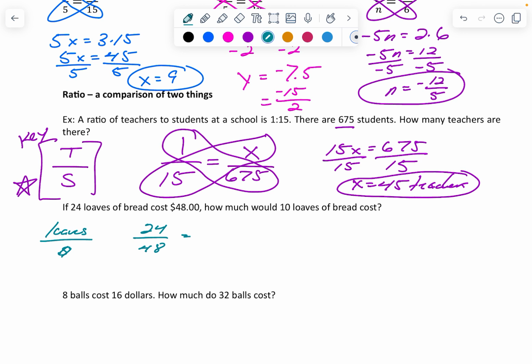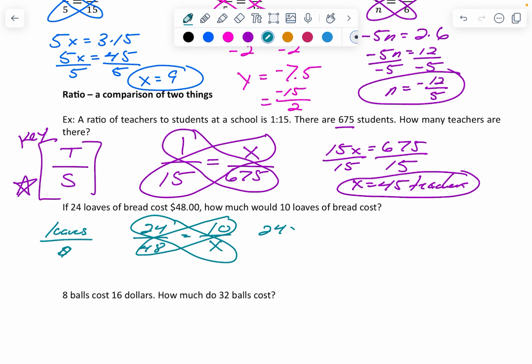Assuming everything stays constant, we would then put those 10 loaves on top, and the cost then would go underneath. Okay, so it's same ratio, we can write a proportion. And keeping track of everything, loaves on top, dollars on the bottom.